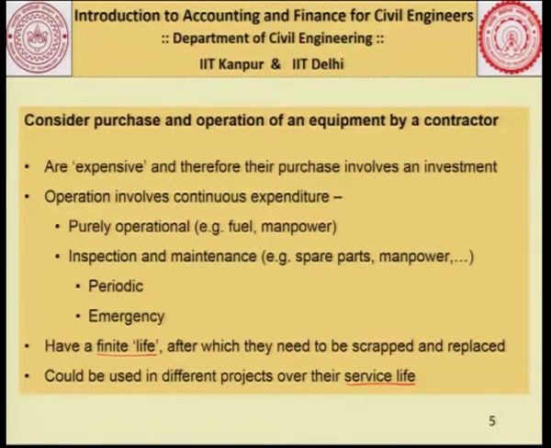The question that we have to answer is that if the equipment, let us say, costs 10 crores, how do we apportion the 10 crores in the different projects that it works in? So, these are some of the questions that we need to answer and discuss in a generic sense, and then of course, we will get into more specific details in subsequent lectures.